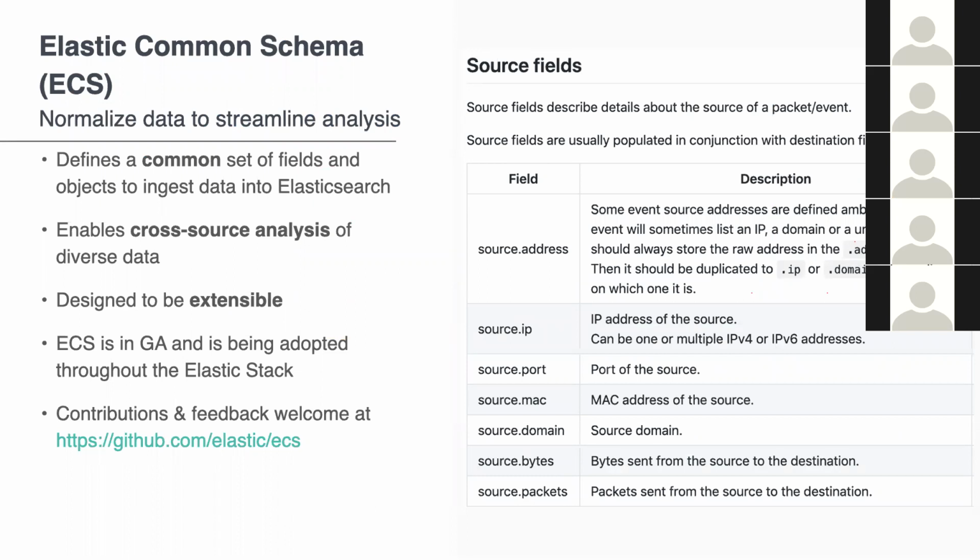You need to be able to uniformly examine your security data, no matter its format. That's why we have ECS, which defines a common set of document fields for data ingested into Elasticsearch. It's an open source spec, and we are adopting it across the Elastic Stack, including Elastic SIEM. So if the data is already using ECS, you can also use the SIEM or the out of the box dashboards.